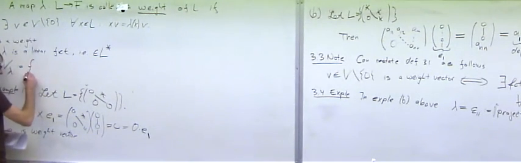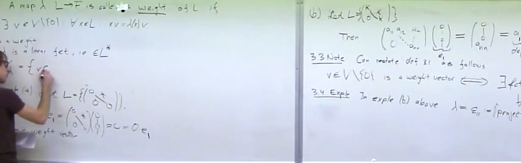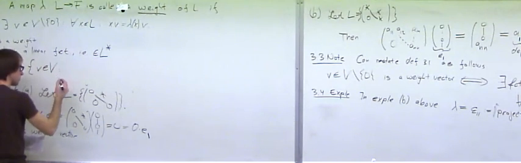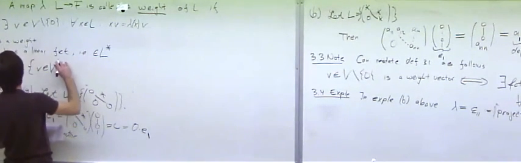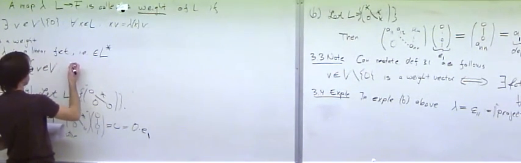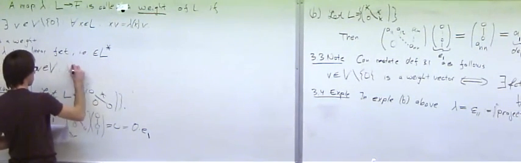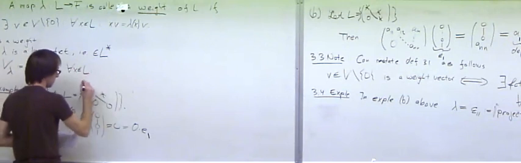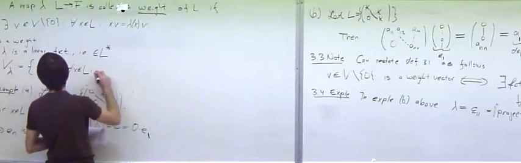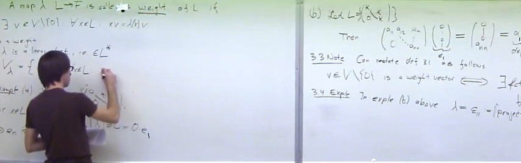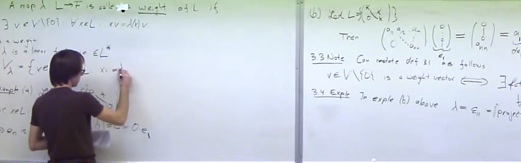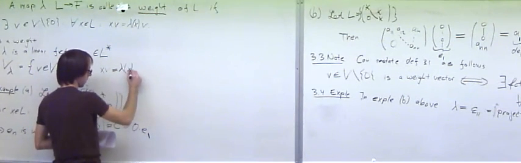So this is the set of all elements in the vector space such that any matrix x acts by multiplication with lambda of x.